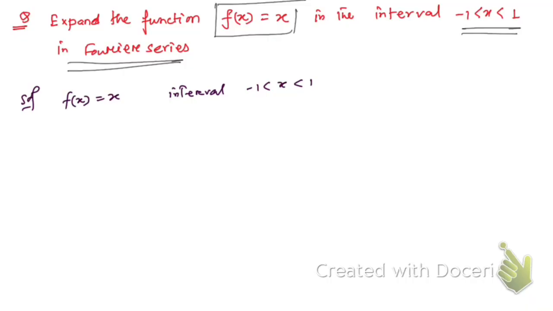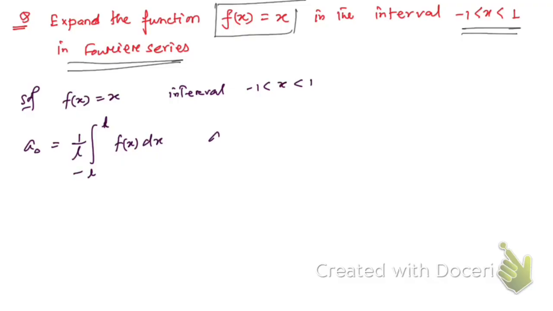So first we need to find the value of a naught. The formula to calculate the value of a naught is 1 by L integration from minus L to plus L of f of x dx.